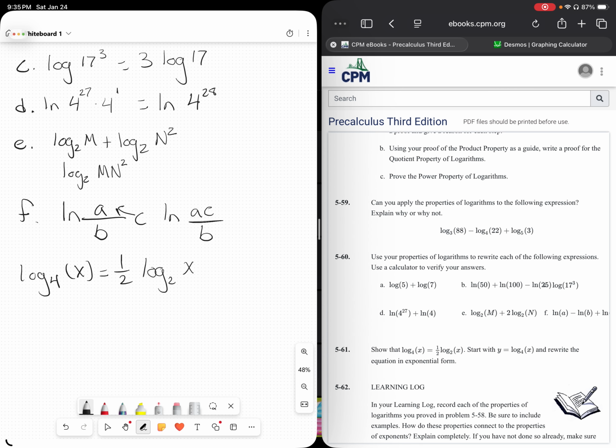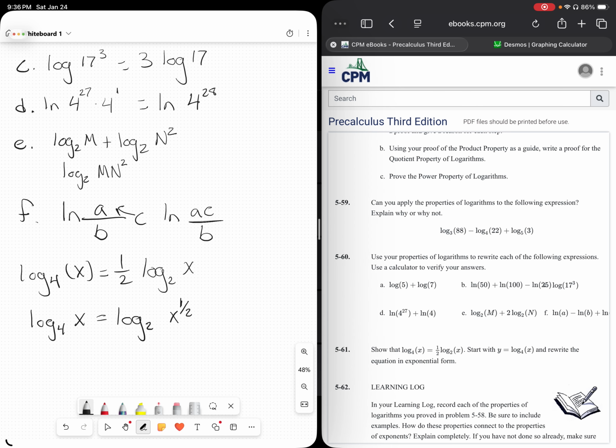Okay, so how do we do this, right? Well, first off, you could do this a bunch of ways, right? But the 1/2 goes to the x. So log base 4 of x equals log base 2 of x to the 1/2, right? So let's put this in exponential form to see it a little better.